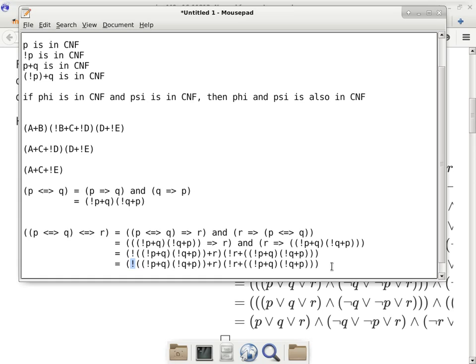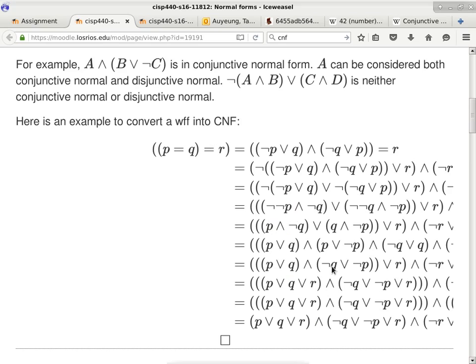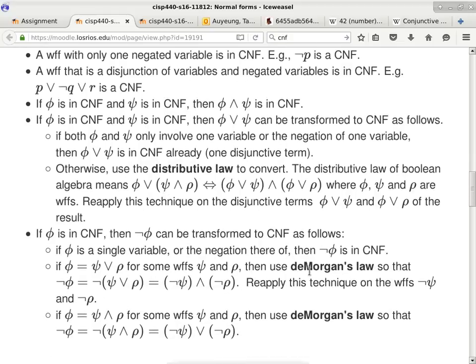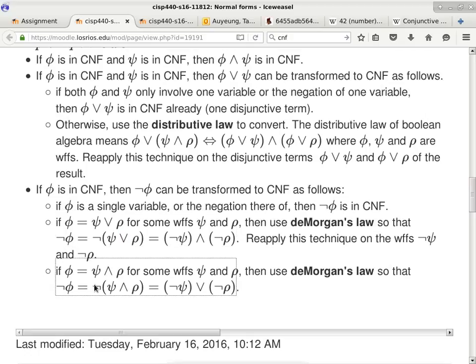And which rule do you think is going to be helpful here? De Morgan's law. Okay, so we can use De Morgan's law. And over here, I use boldface to indicate what type of law you have to document in your homework assignment. So in De Morgan's law, there are two versions. One version deals with a negation on the outside and a disjunction on the inside. The other one deals with a negation on the outside and a conjunction on the inside, which is the one that we want to use right now.